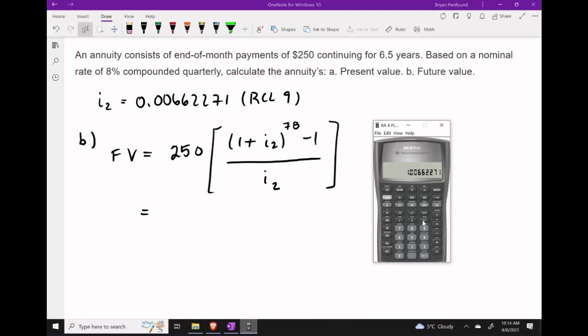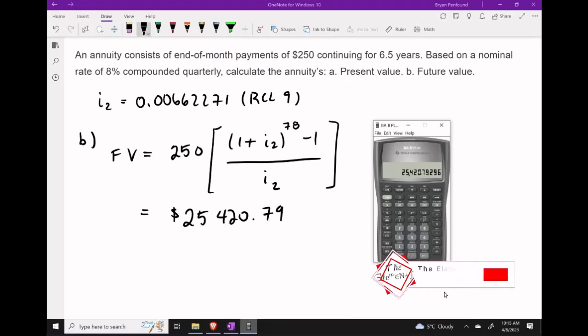Let's close that bracket, raise it to the power of 78, and then subtract 1. Okay, we need to divide this by I2, recall 9. And then we need to multiply this by 250. And this gives us a future value of our annuity as $25,420.79.